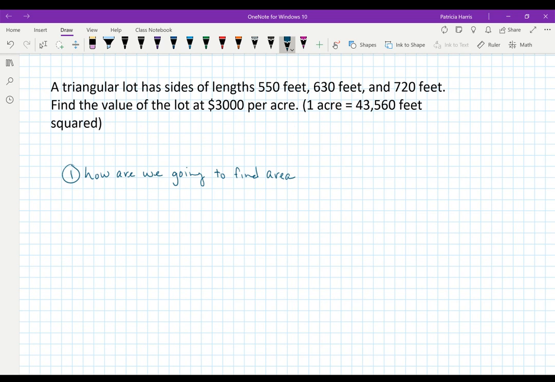Can we use 1/2 AB sine of C? Or can we use Heron's formula? Then we need to convert the area into acres.